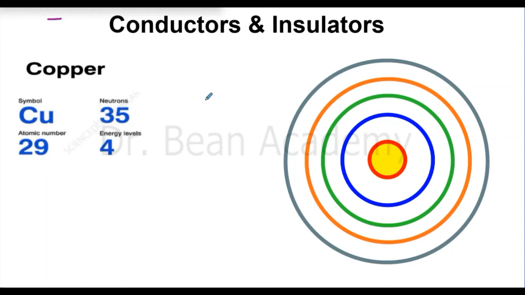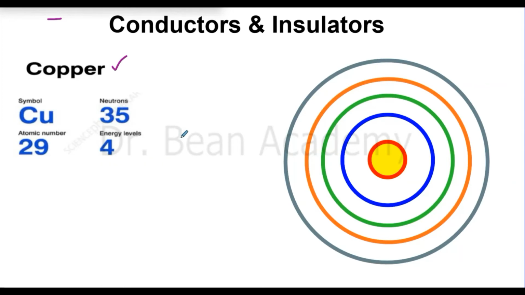So before I talk about energy levels and go deeper into crystals and the solid state of matter, let's see the atomic structure of copper, and there is a reason why I want you to see it. If you remember, copper is a commonly used material in the wires we use, so it means copper is a good conductor.